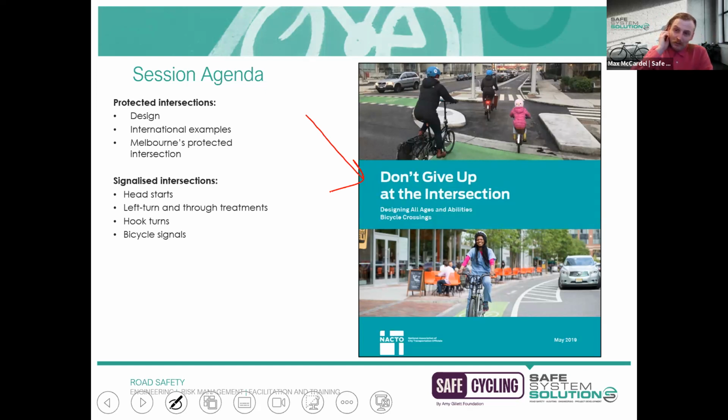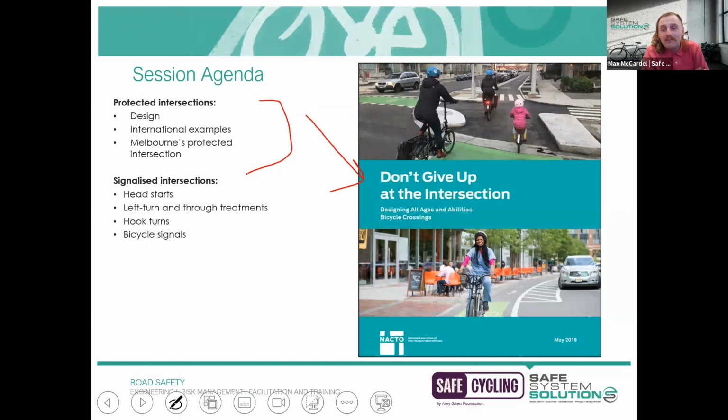So we'll be talking a lot about this idea of a protected intersection. We'll go through what that term means and the design characteristics, go through some examples internationally, as well as have a bit of a chat around Melbourne's protected intersection. Melbourne isn't the only jurisdiction. There are a few protected intersections up in Queensland as well, and there could be others that I'm not aware of in other jurisdictions, so feel free to let me know.